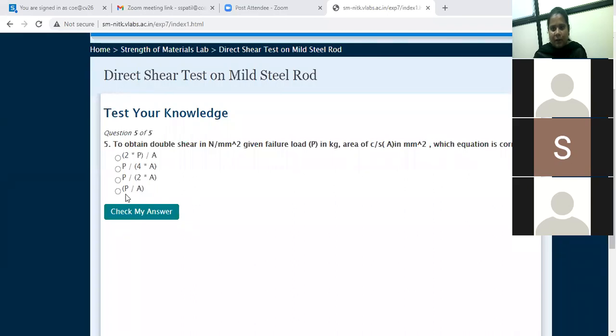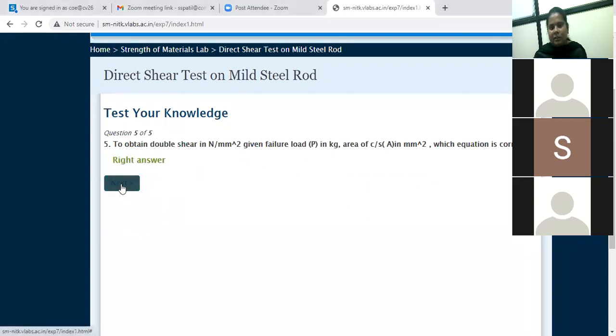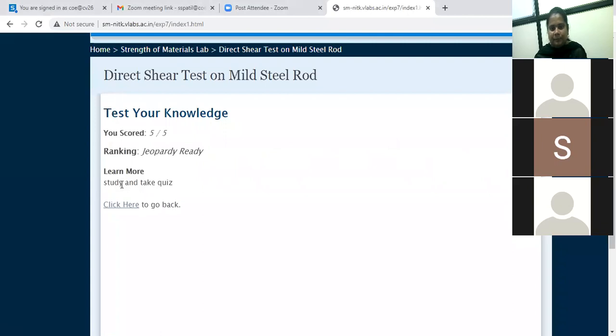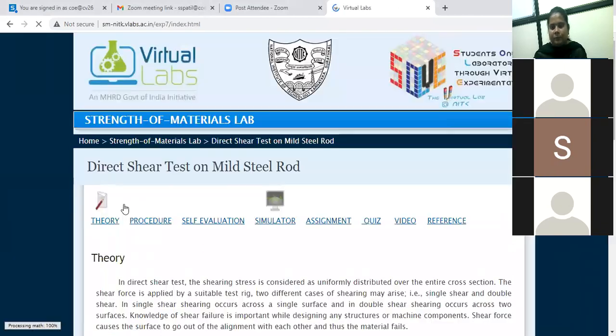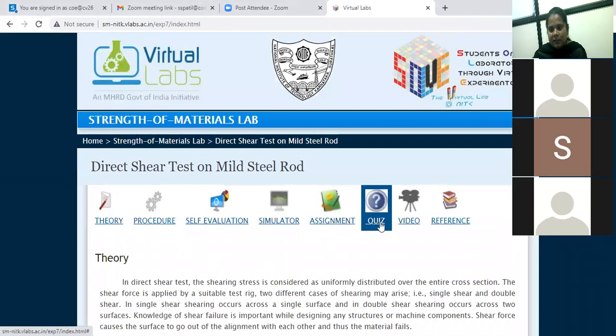Option C, 2 times area. These are the questions you have to solve. This is the quiz.